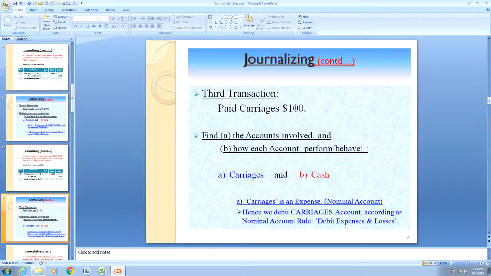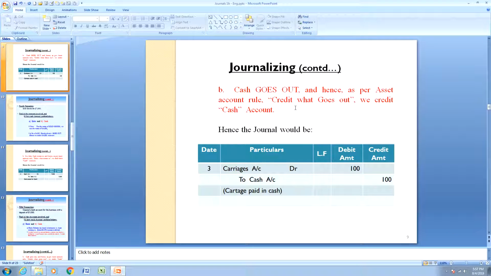Hence we debit carriages account according to nominal account rule, debit expenses and losses. Again cash goes out, and hence as per asset account rule, credit what goes out, we credit cash account. So the journal would be carriages account debtor $100 to cash account $100.